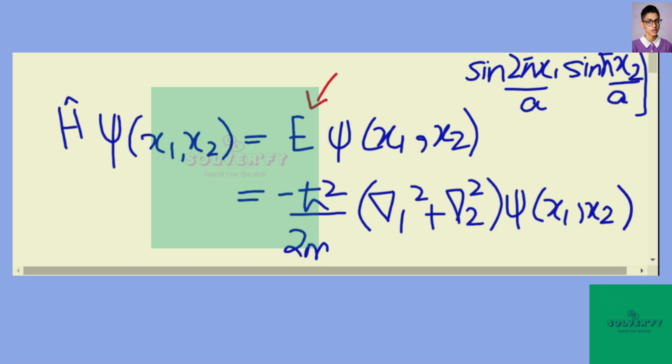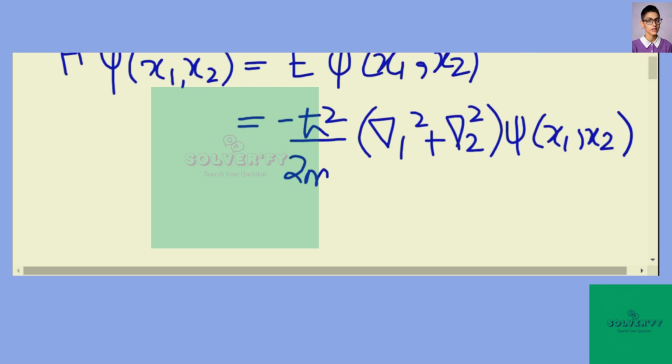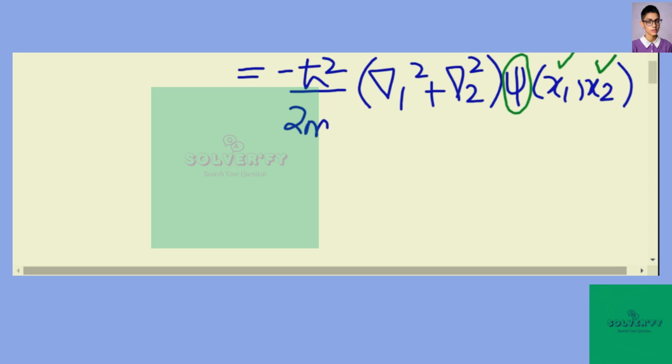From here we need to partially differentiate this wave function with respect to x1 and then with respect to x2, twice. So let's write down the equations for that.